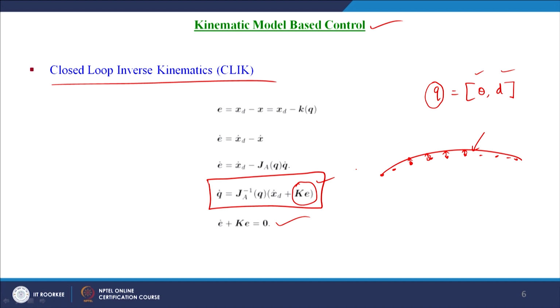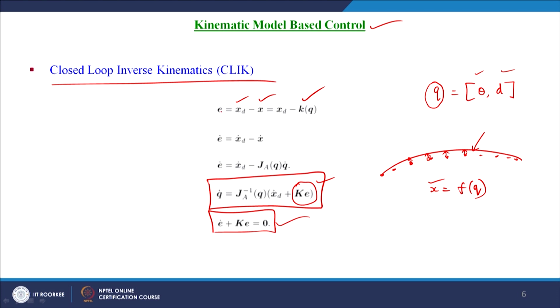So, how can we derive this control law, which states a first order dynamic equation. The error is given by the discrepancy between the desired trajectory and the actual trajectory, where the actual trajectory is given by the forward kinematics function of q, represented as k of q here, which is nothing but the end effector position.